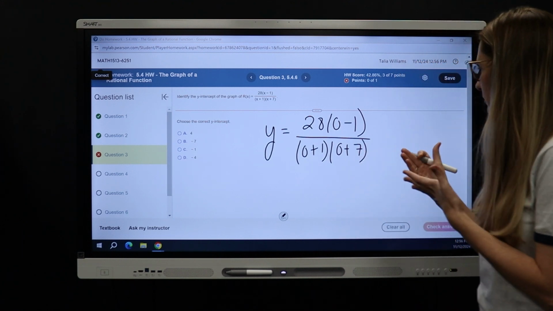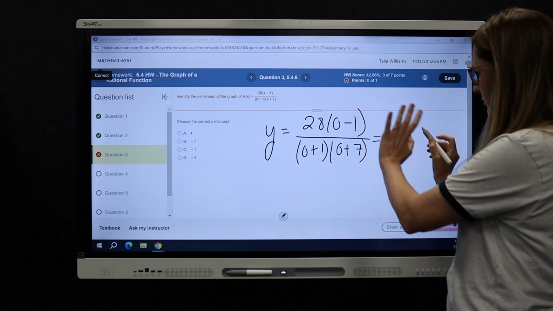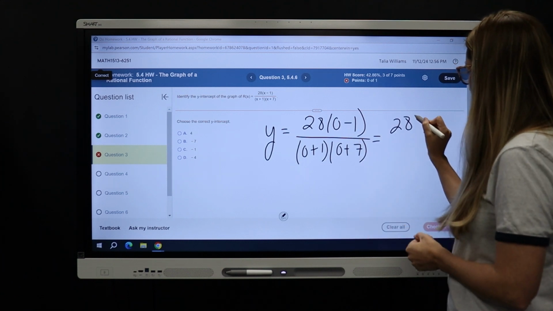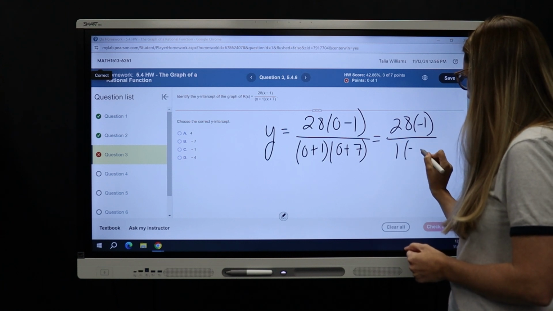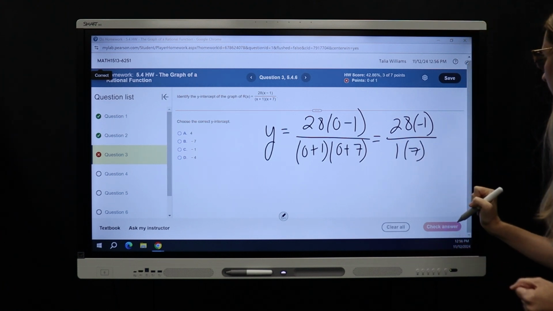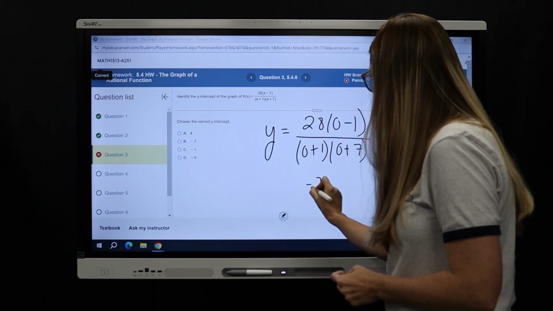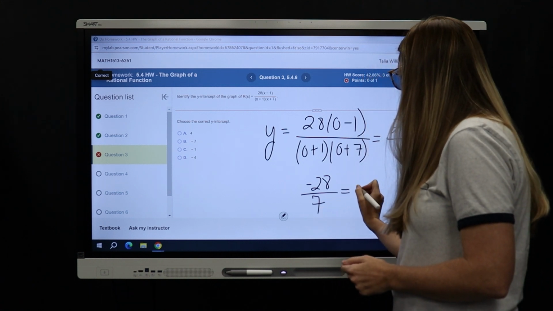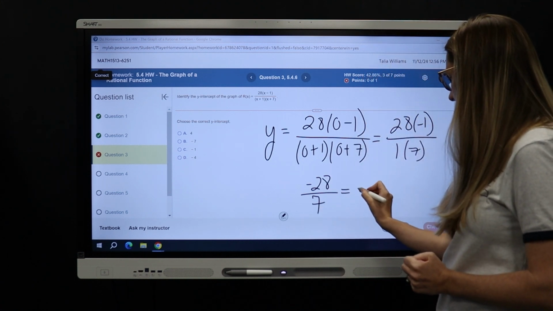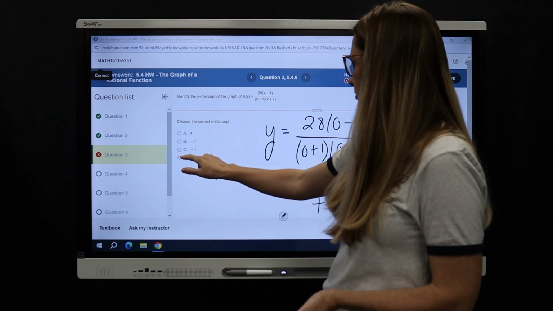And then we're just going to simplify this, so I'm going to write it right here because I'm going to run out of room. I'll have 28 times negative 1 over 1 times 7. So I'm going to have negative 28 over positive 7. Negative 28 divided by 7 is negative 4. And this one's multiple choice.